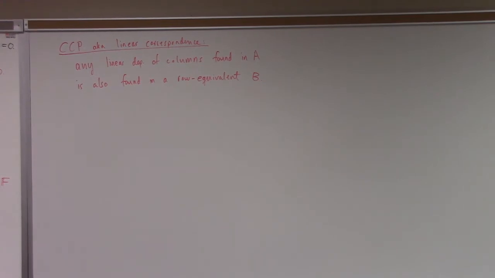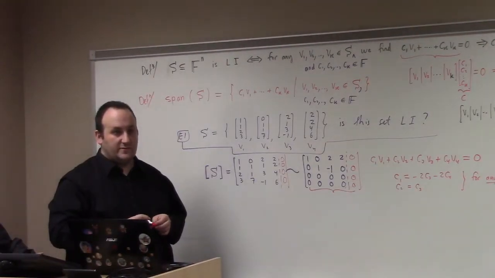That's most interesting when we apply this principle to the reduced row echelon form, because if you look at the reduced row echelon form, it is utterly easy to see linear dependence.